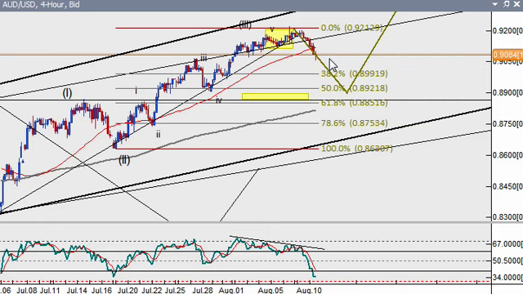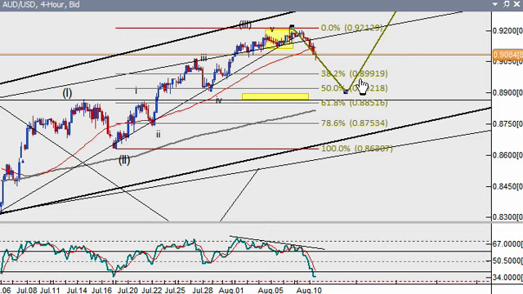So for now, if the FOMC statement is dollar positive, we should see if the market can still be supported above 0.8850, and if it is, then we still have another wave to go to complete an impulse wave up. Alright, so that's the Aussie dollar and Canadian dollar pairs.